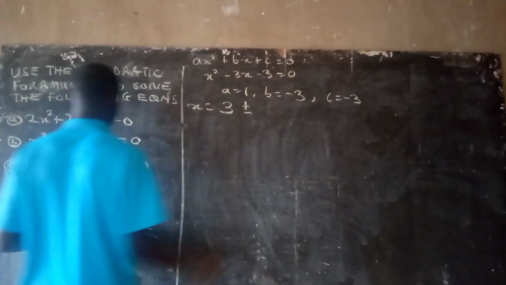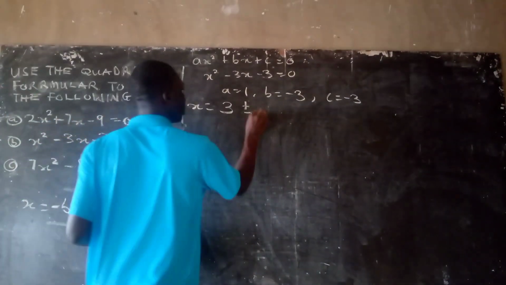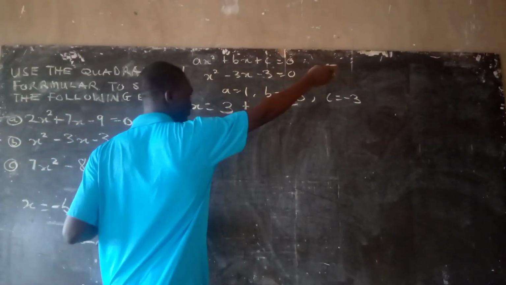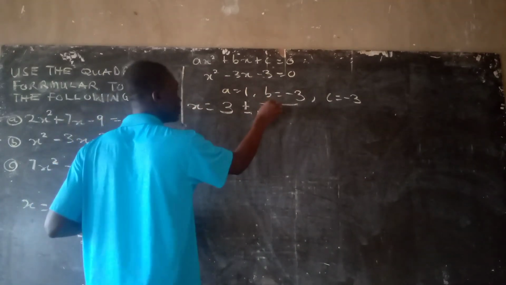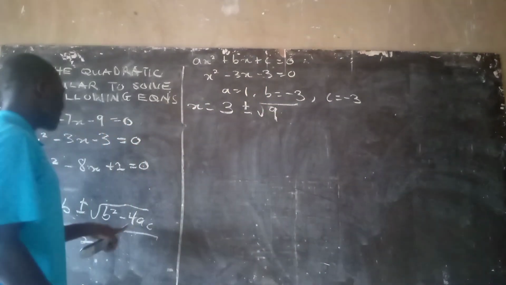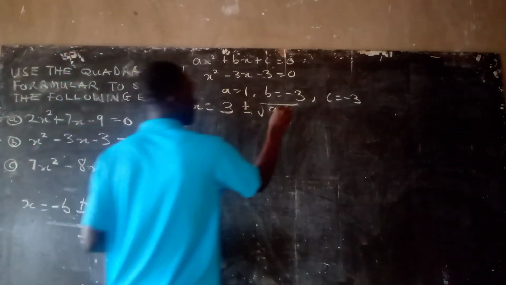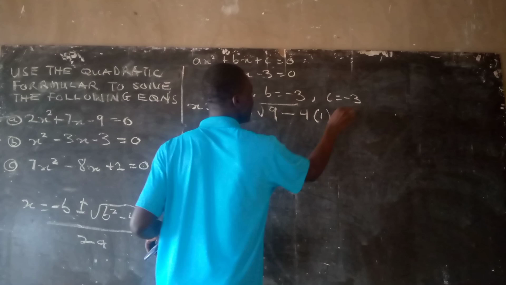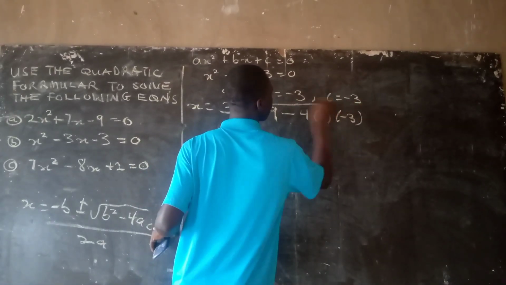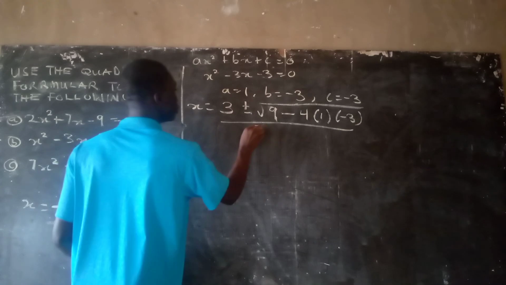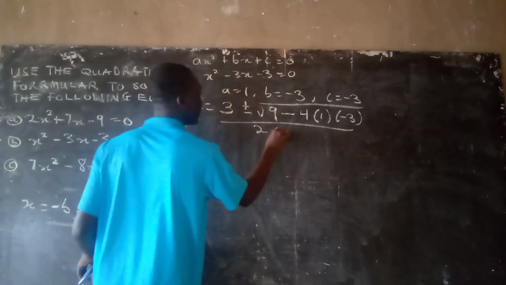Plus or minus the square root of b squared. So negative 3 squared gives us 9, minus 4ac. a is 1 and c is negative 3. So minus 4ac, all over 2a, and a is 1.